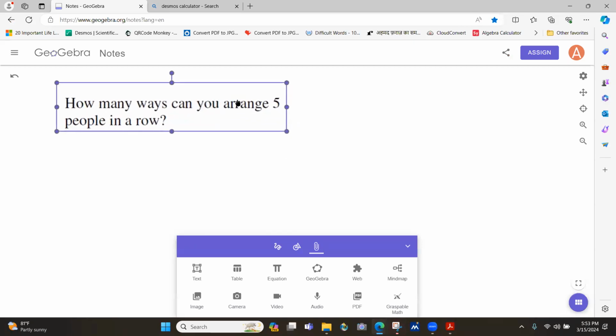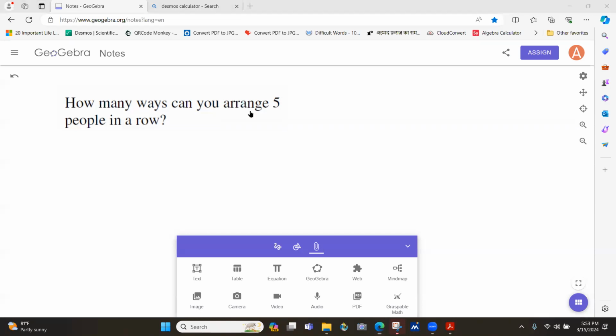Right. So you're going to arrange five people in a row. How many ways can you do it? Well, you have five people in a row. You want to arrange five people in a row. Let's say you have five spots.